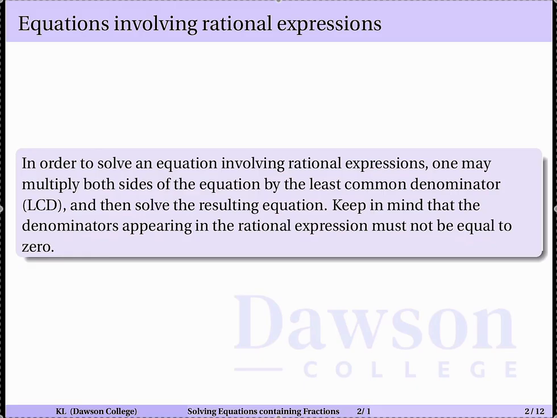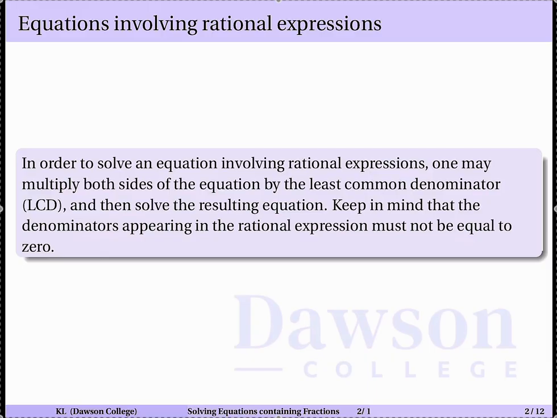So, in this case, checking for the values that we will obtain after our computation is somewhat required, just to check whether we actually got the solutions for the rational equations that we are solving.